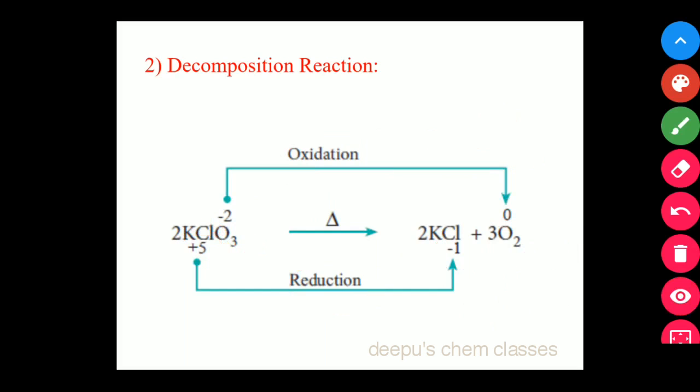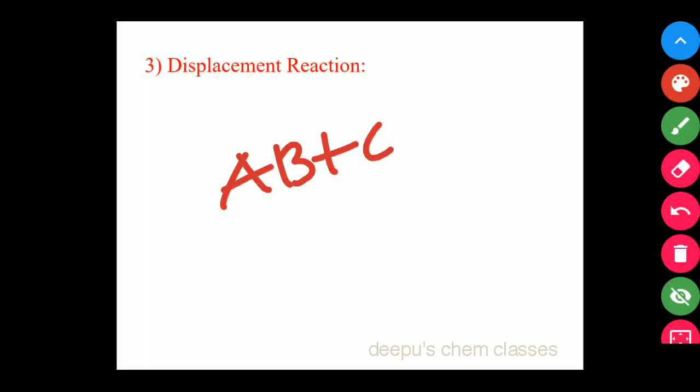Then let us see the third kind of classification, the displacement redox reaction. Displacement we know very well. When a compound reacts with another compound, one compound displaces one of the species from the other compound. For example, when AB reacts with CD, it is a kind of replacement reaction.